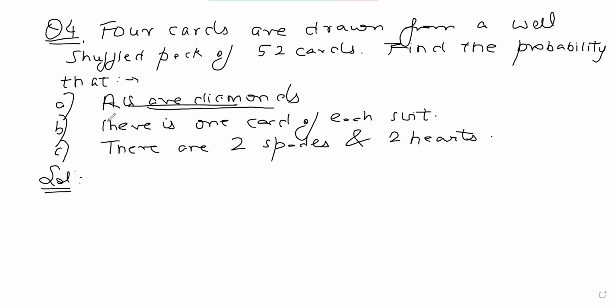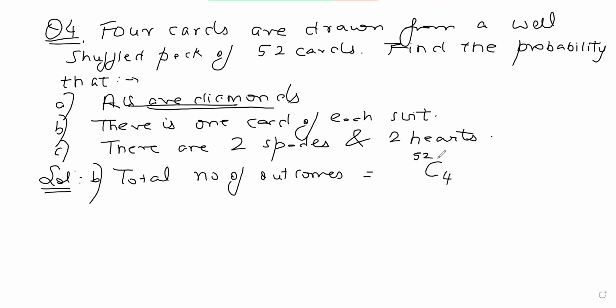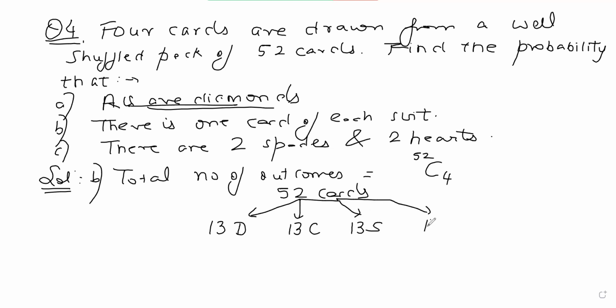Part B is, there is one card of each suit. Again, the total number of outcomes will remain the same: I need to select 4 cards from 52 cards. Out of 52 cards, I'm revising again, 13 are diamonds, 13 are clubs, 13 are spades, and 13 are hearts.